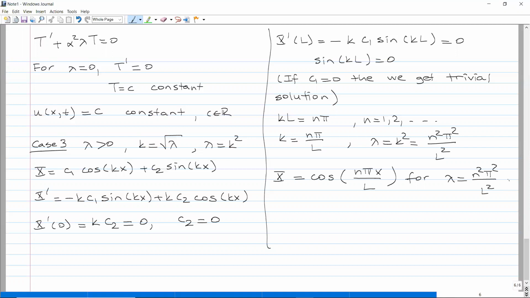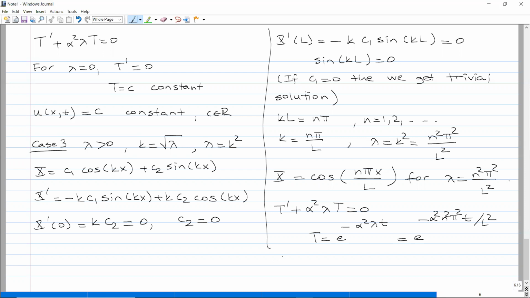So now we need corresponding solution for t. So t prime plus alpha squared lambda t equal to 0. But the solution here we already know. The solution is t equals e to the minus alpha squared lambda t. And lambda is n squared pi squared over L squared.